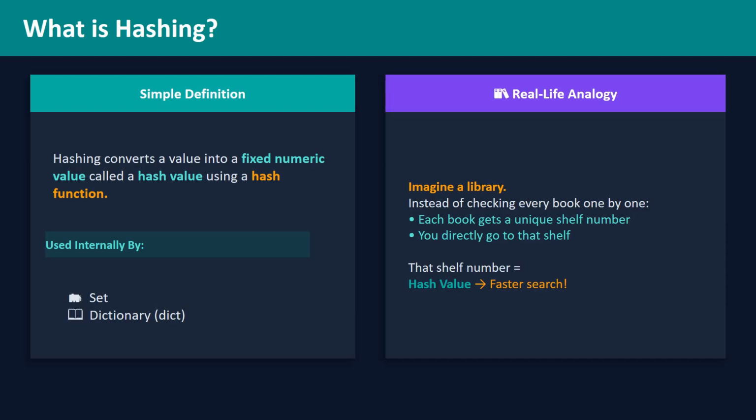Suppose there are 100 books, you may have to look through 100 books before you find the right one. But if we organize them on a shelf basis, it is easy to get the book. That's why a hash function is used, converting into a unique value. The shelf number equals the hash value, which gives a faster search. Whenever you want a faster search, you can go with the hash approach, and that is used internally, so we don't have to worry about it.